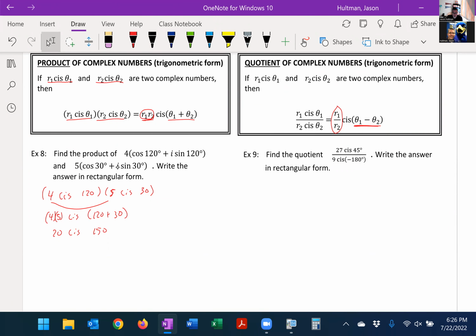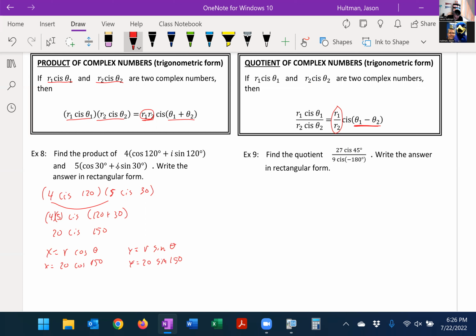So this is 20 cis 150. That's the trigonometric form. Now I want to get the rectangular form. So x is equal to r cosine theta, y is equal to r sine theta. So x is 20 cosine of 150, and y is equal to 20 times the sine of 150.